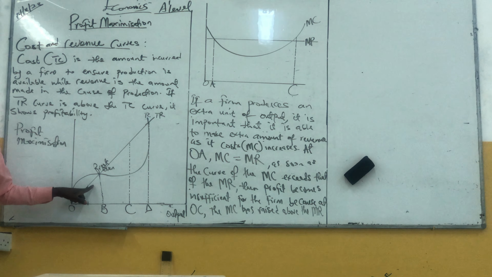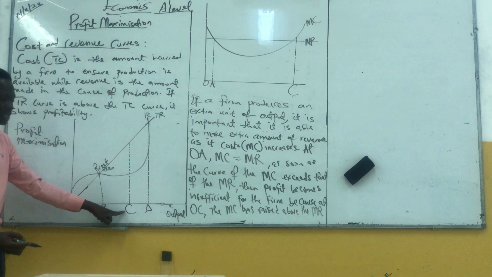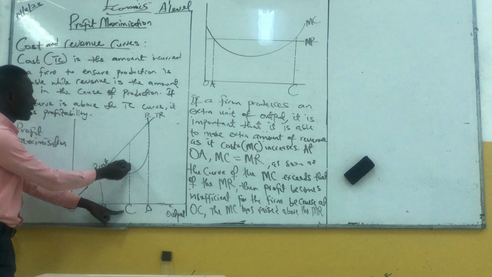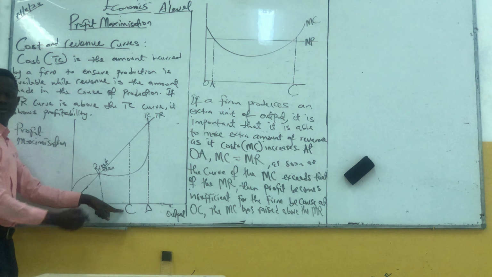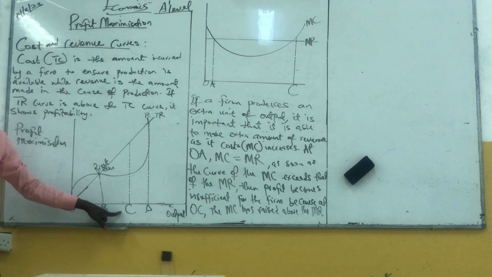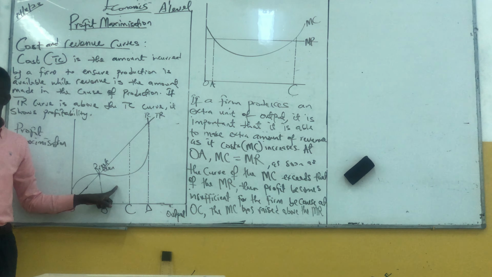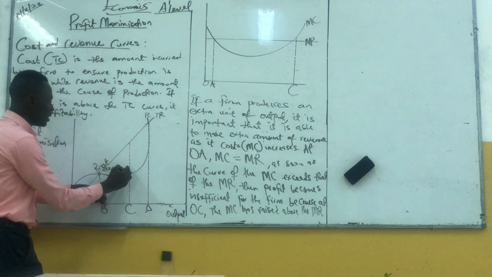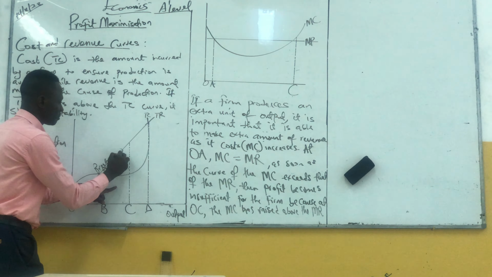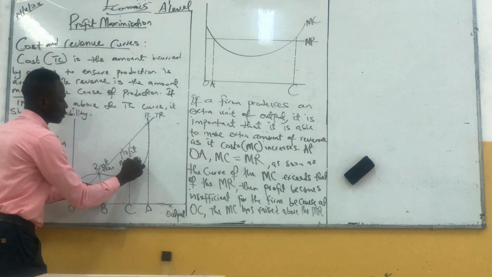As the firm increases its output towards OC, what happens here? The revenue lies above the total cost. It shows that as soon as the firm increases its output, it starts enjoying economies of scale. So this is profit maximization.